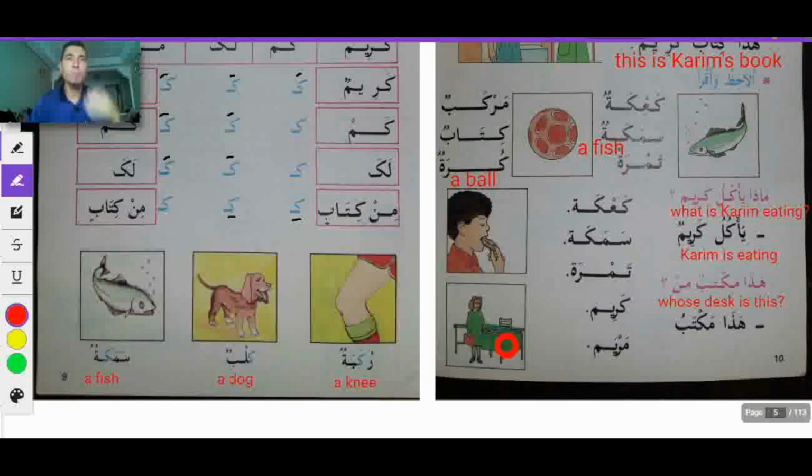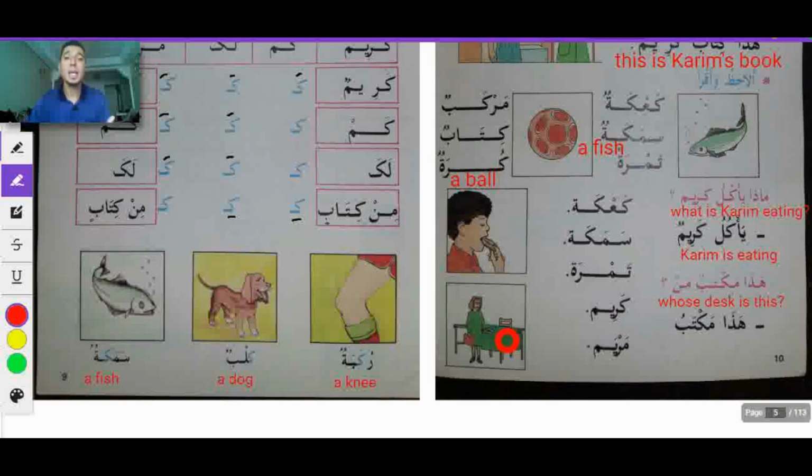When we say man, it means that we want to know whose desk this is. We want to have a name, someone's name. So man is للعاقل. Man is always used for human beings. هذا مكتب من. Whose desk is this one?